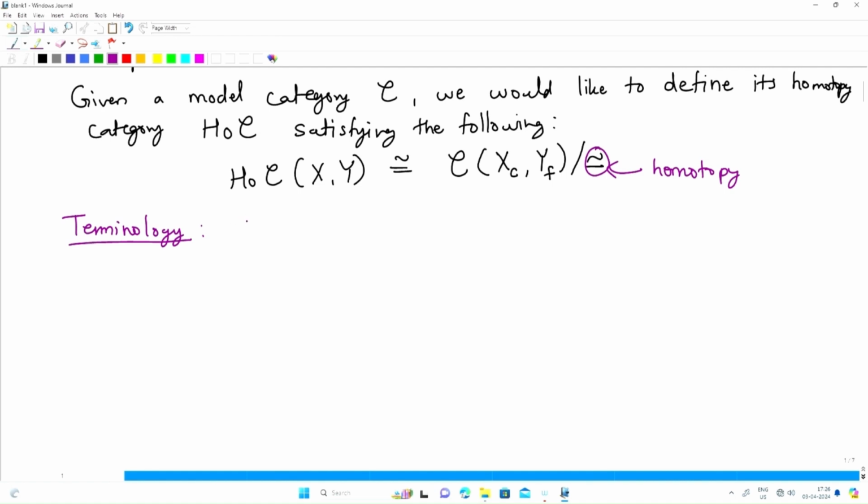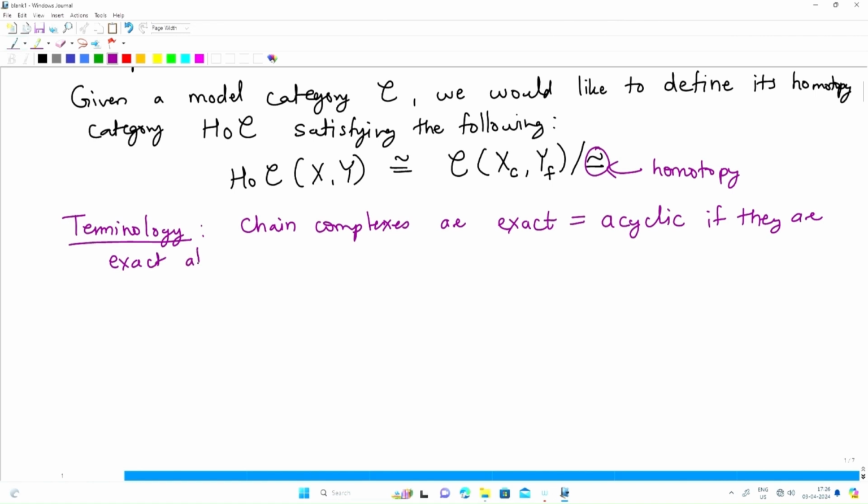Okay, so chain complexes are exact or equivalently acyclic if they are exact at each degree, exact in each degree also, that's correct.